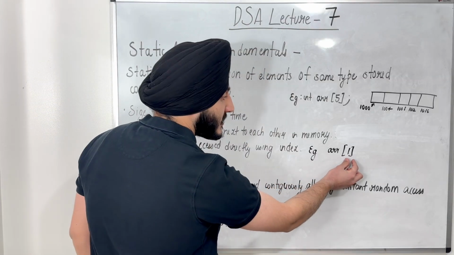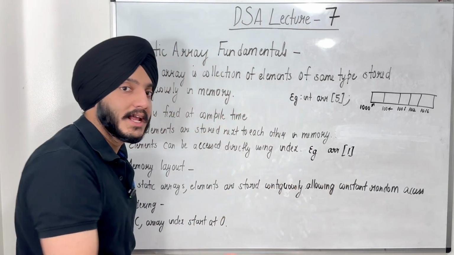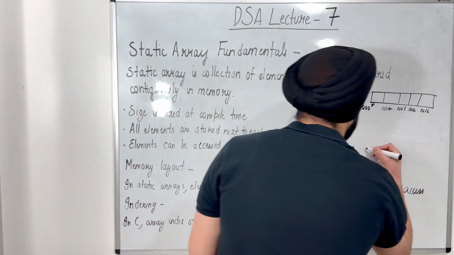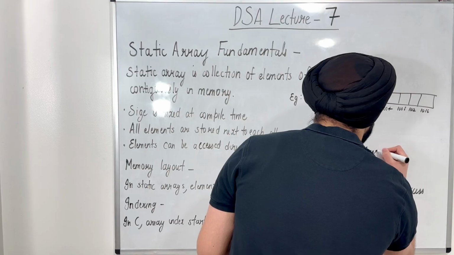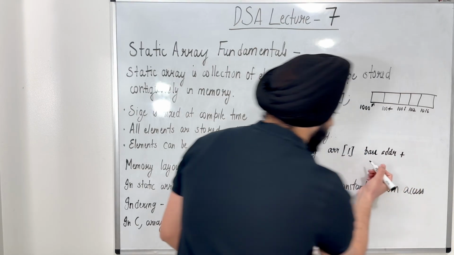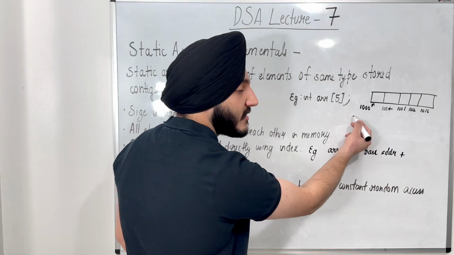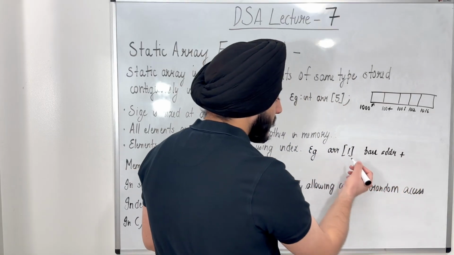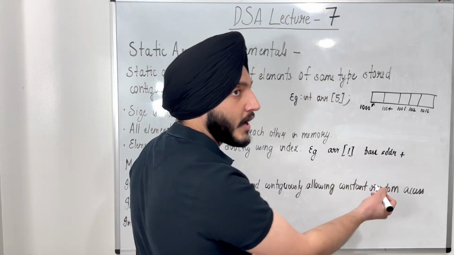When I try to access element 1, which is the second element in terms of C code, my code is going to do something like this. It's going to look at the base address, which in this case is 1000, plus the index multiplied by the size.